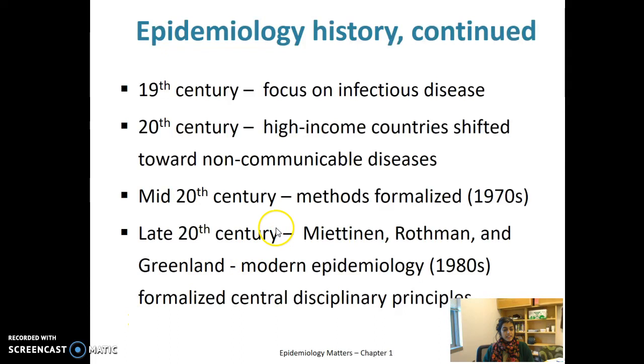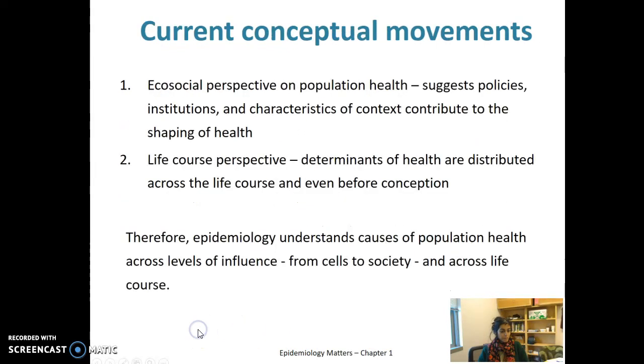So finally, in the mid 20th century, the 1970s, methods were formalized, and in the 80s and onwards, Rothman, Matthew Tinen, and Greenland coined and formalized central disciplinary principles of epidemiology.